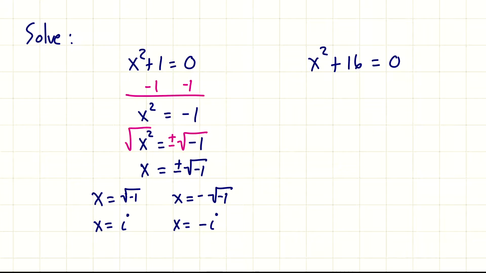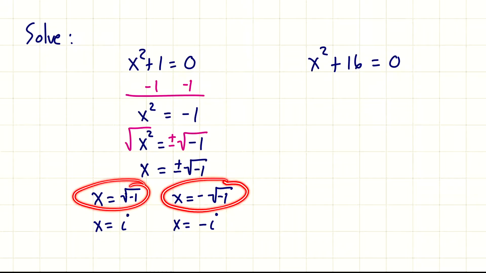But we just learned, in this moment, about imaginary numbers. And imaginary numbers said that anytime we see the square root of negative 1, we can replace it with the letter i. So I've already separated them into our two solutions, which are not real solutions.